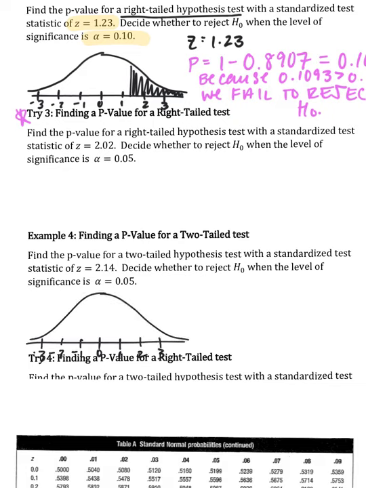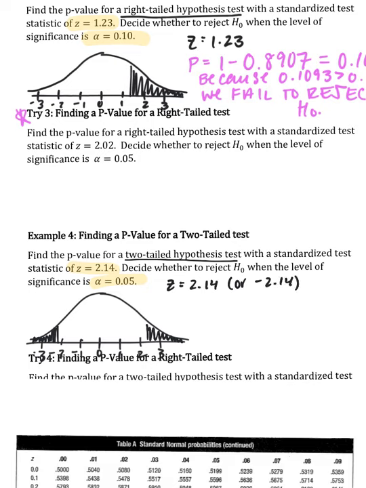All right, and then we have our test statistic, which is z equals 2.14, and our level of significance is 0.05. We have a two-tailed test. So since our test statistic is positive 2.14, it's going to correspond to the same z-score, but with a negative, so also negative 2.14.